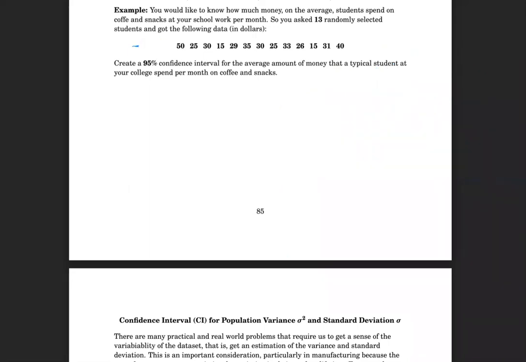All right, Mijane, what is X bar? 29.53. 29.53. And what is S, Mijane? 9.35. 9.35. Perfect. Thank you so much.